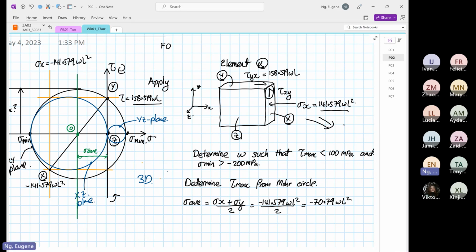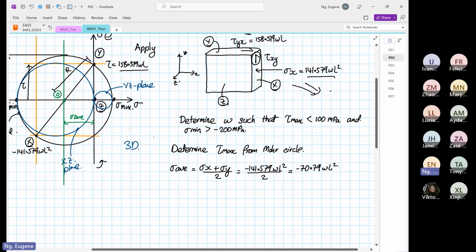So why do we have to determine our stress average? Because after knowing our stress average, and we also know this height is 158, our shear stress height, from here we can determine the radius. The radius of the biggest circle is tau max.